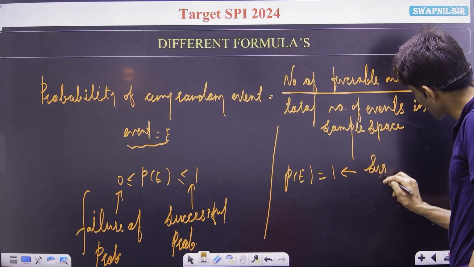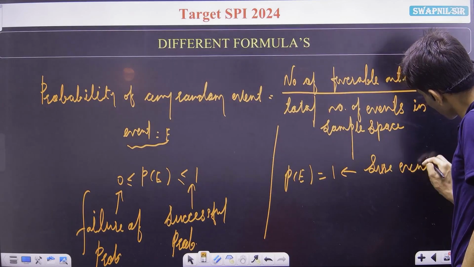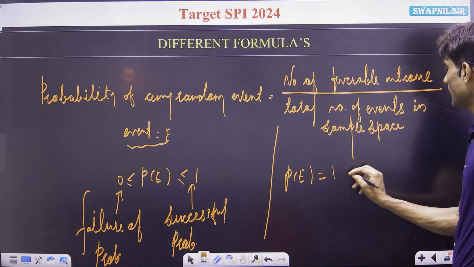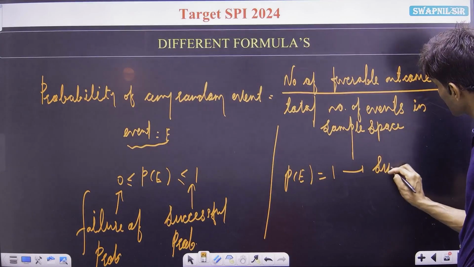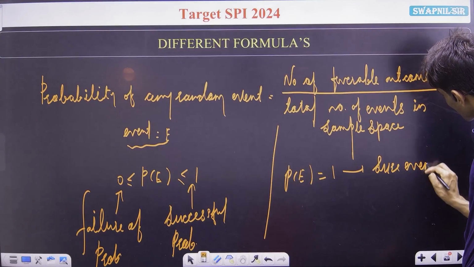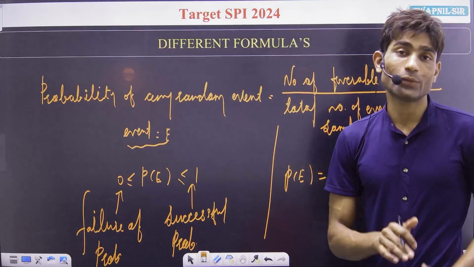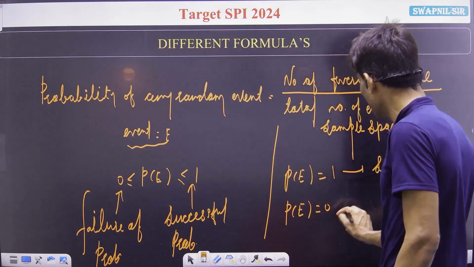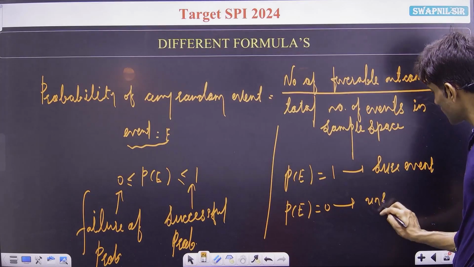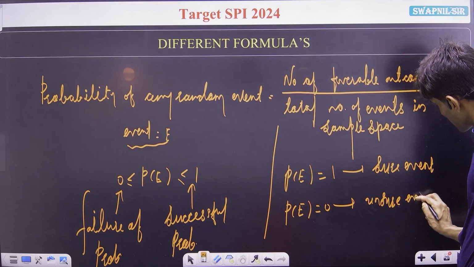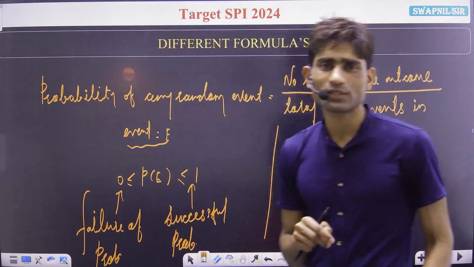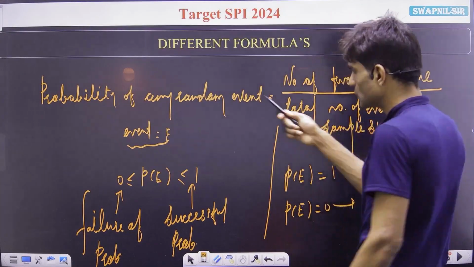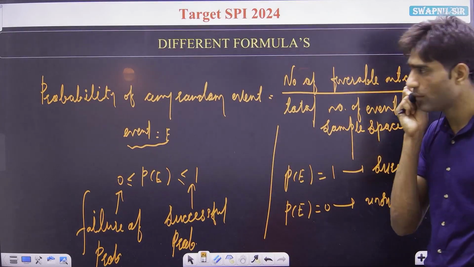If the probability of any event is 0, then we write it as unsure, meaning we cannot be sure about a certain value. So these are the major results we want here in our probability.